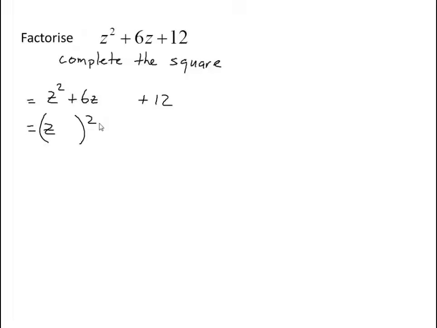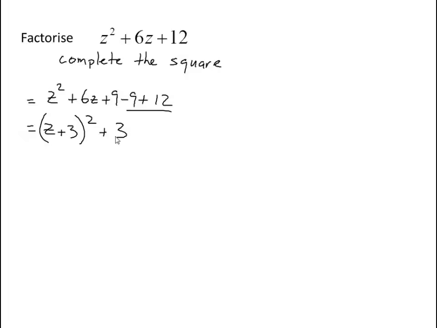We look at the coefficient of z. Half of 6 is 3, so plus 3. 3 squared is 9, so plus 9 minus 9. Minus 9 plus 12 gives me plus 3.